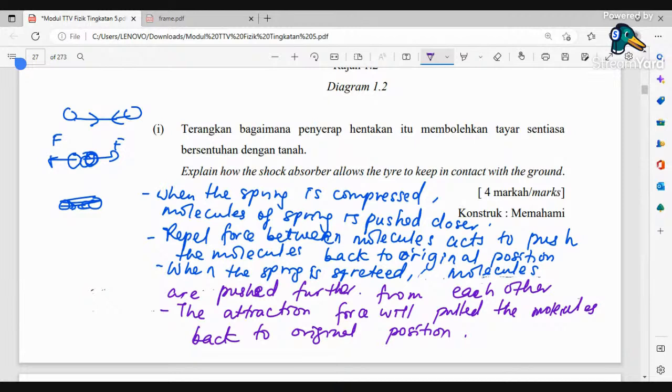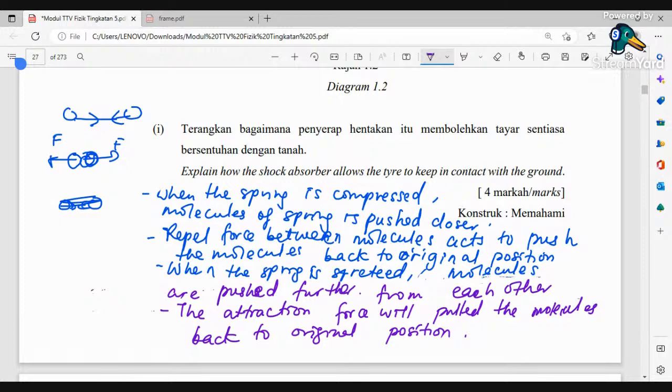Okay, means kalau dia ada shock that cause the spring to be compressed, the molecules also will be pushed closer, but due to the properties of elasticity, there is a repel force, okay, that pushes the object back to original position, so keep the tire in contact to the ground.